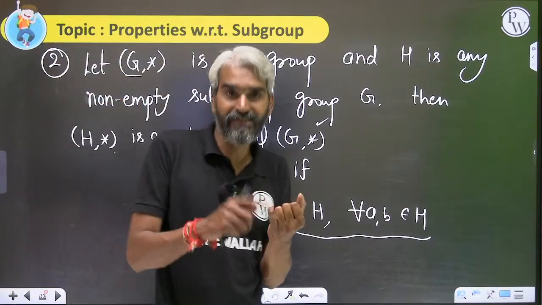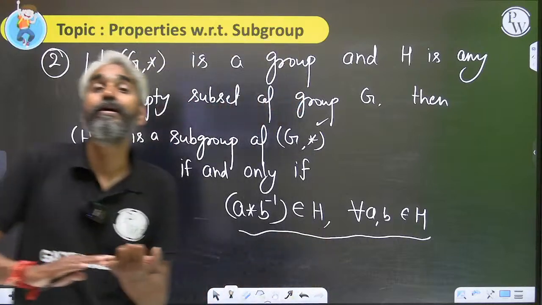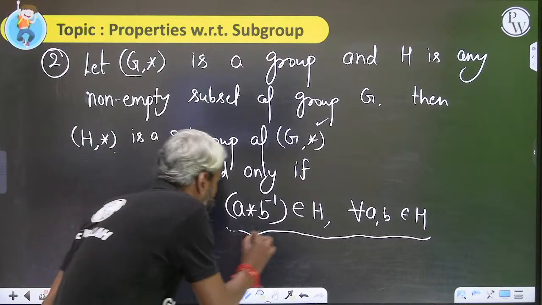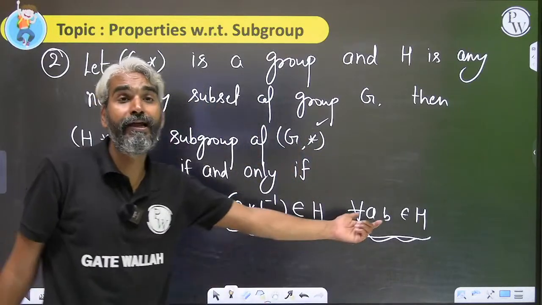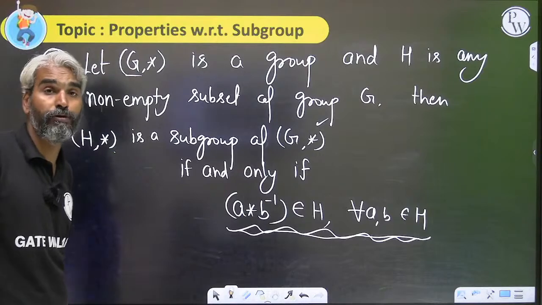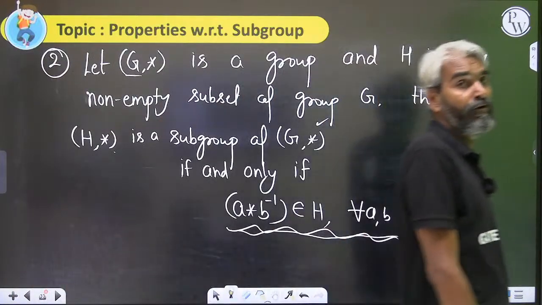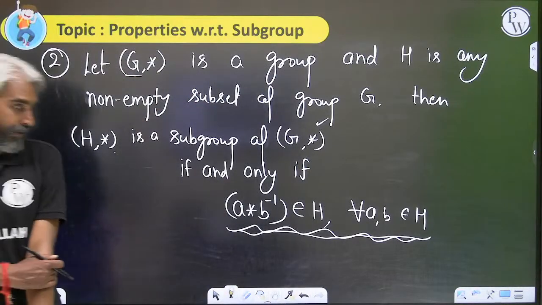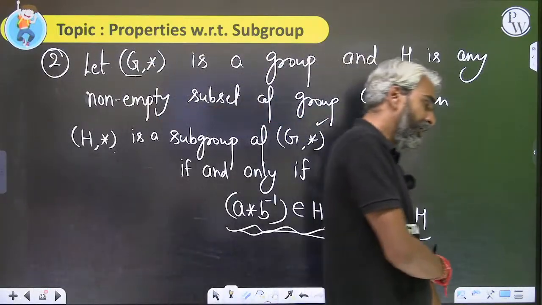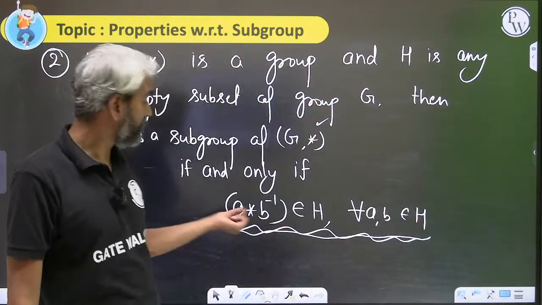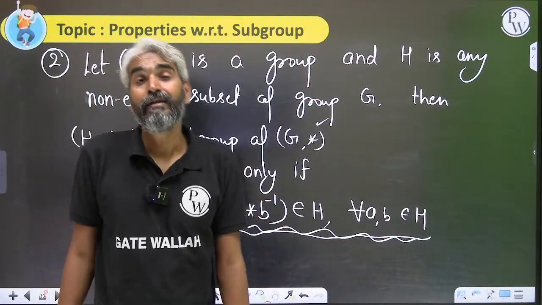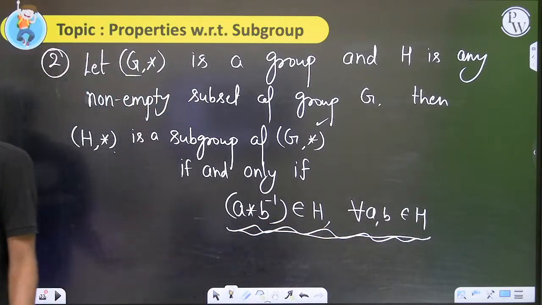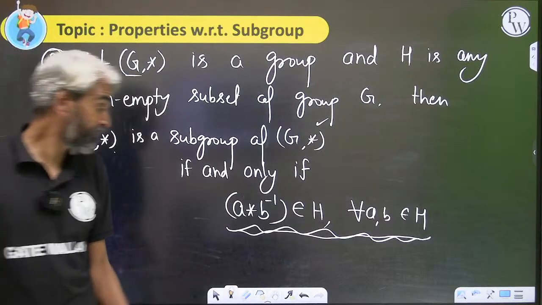So three properties, that is identity, inverse and closure, can be derived for the elements of set H by using this definition: for all A and B belonging to set H, if A * B inverse also belongs to set H, then the identity element will be present in the set, the inverse of every element will be present, and for all A, B belonging to set H, A * B is also present in set H. It can be concluded by a single statement. So this is again the most important property with respect to the subgroup concept.